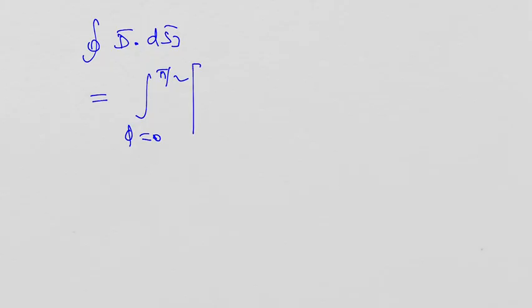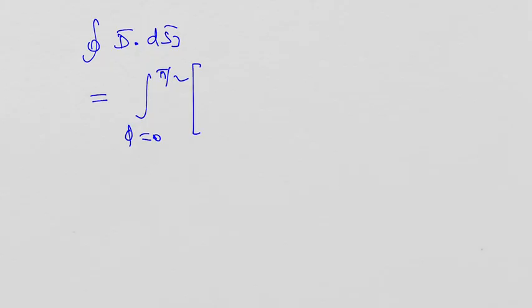This expression is furthermore reduced. The surface integral of d dot ds3 will become the surface integral. I'll keep this integration from 0 to pi by 2 for the purpose of simplifying it later.